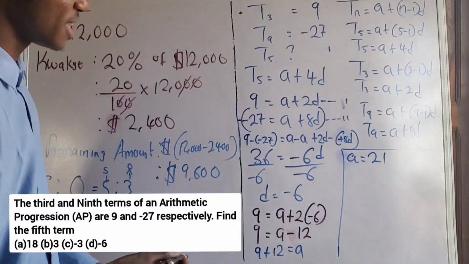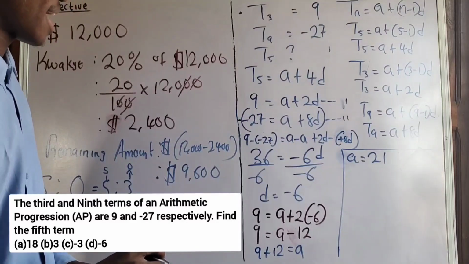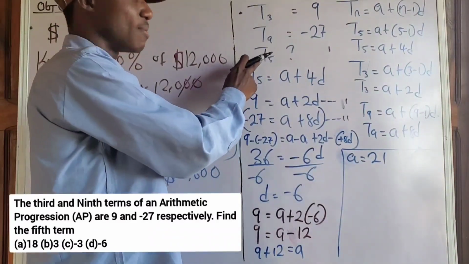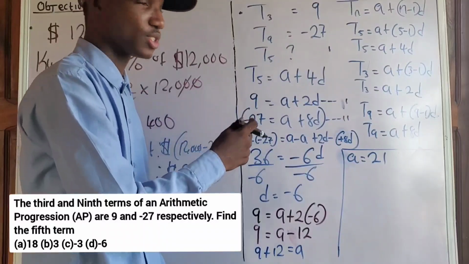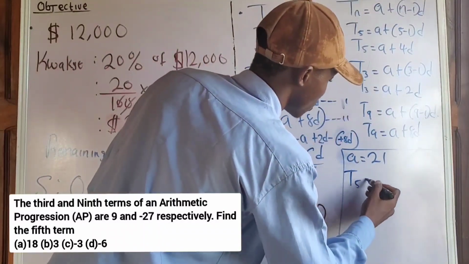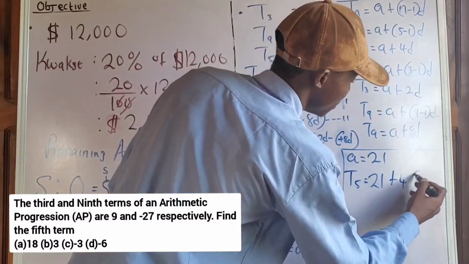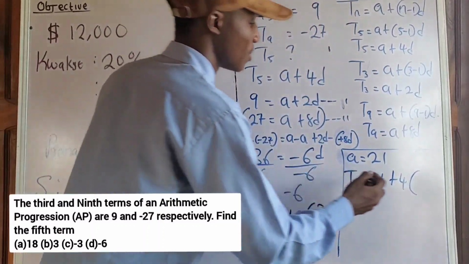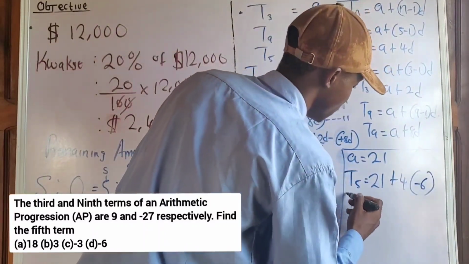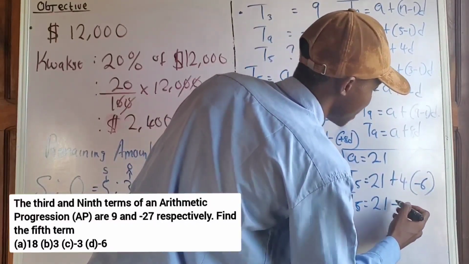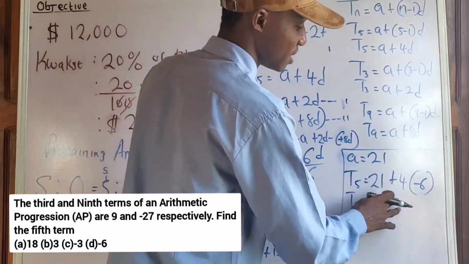Now, having gotten the value of A as 21 and D as negative 6, we can easily get the value of the fifth term. The fifth term is A plus 4D. So the fifth term equals A, which is 21, plus 4D. Now D is negative 6. Please pay attention.